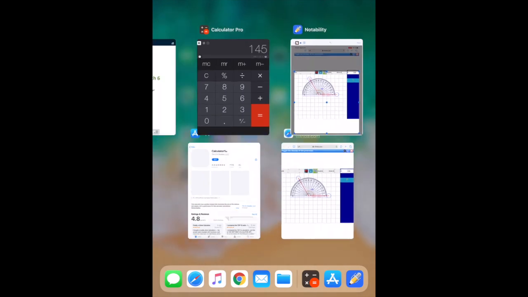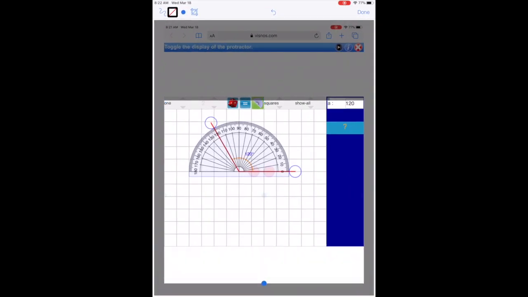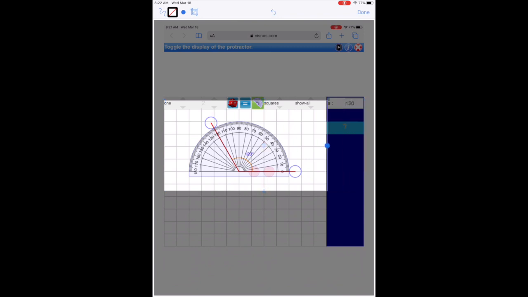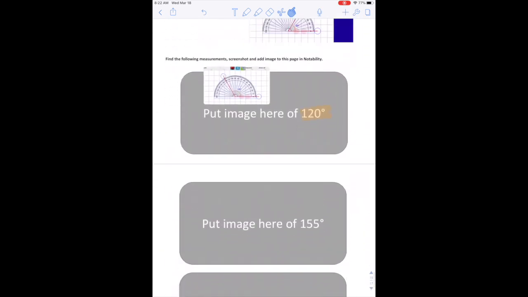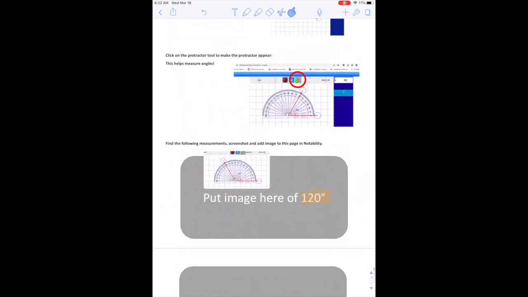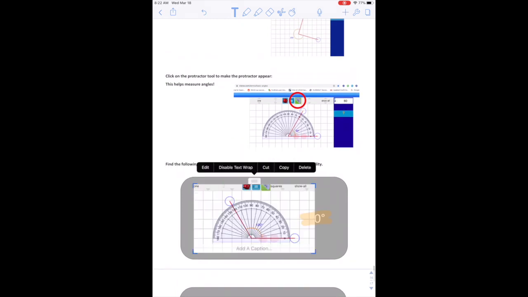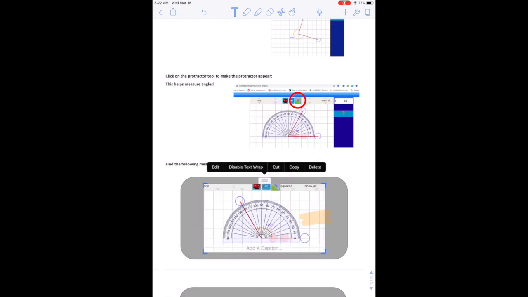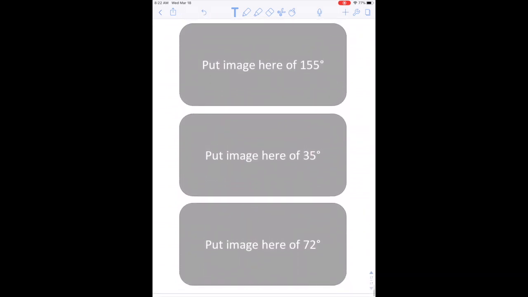You can leave it how you want. Miss O'Mara's a little OCD, so she's going to crop it if I can get it to go. Here's the picture I did of 120 degrees. I'm going to put it right there. Done. There's 3 more that I'm going to have you work on finding.